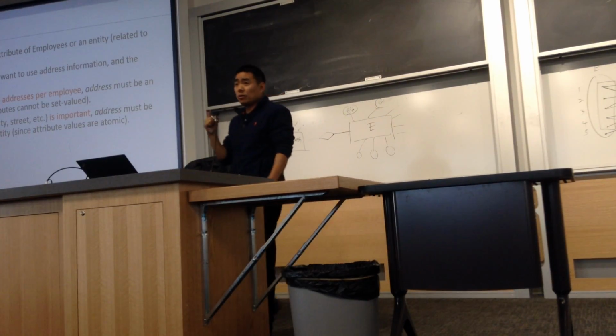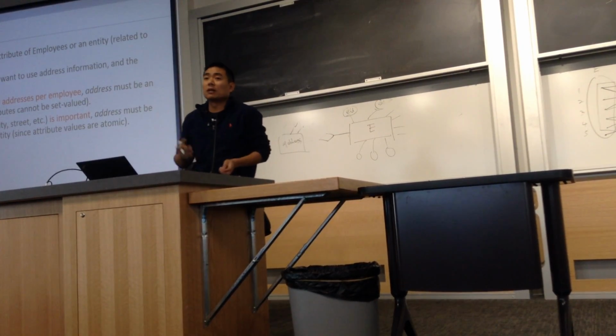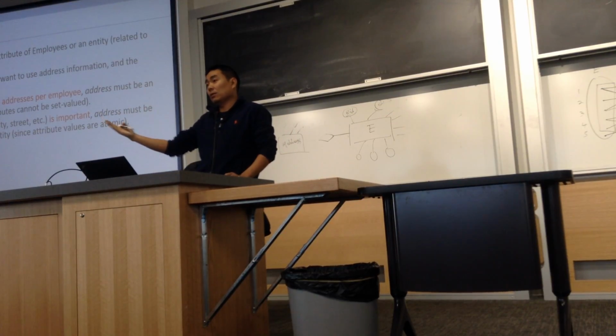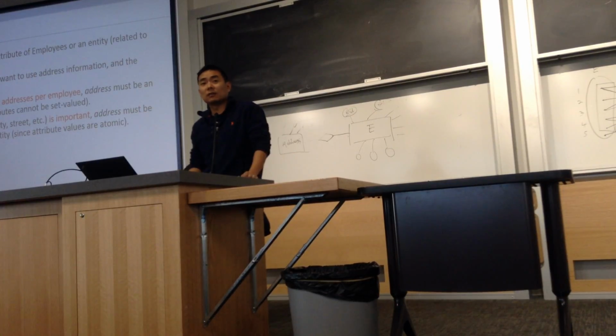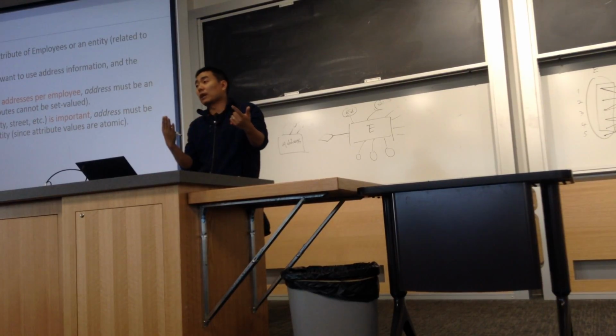This also enables you to do things otherwise impossible with address being an attribute, like the employee may have multiple addresses. You know, I have 2 houses, 3, 4. So with address being an attribute, you cannot do that. But with address being an entity set, you can do that.